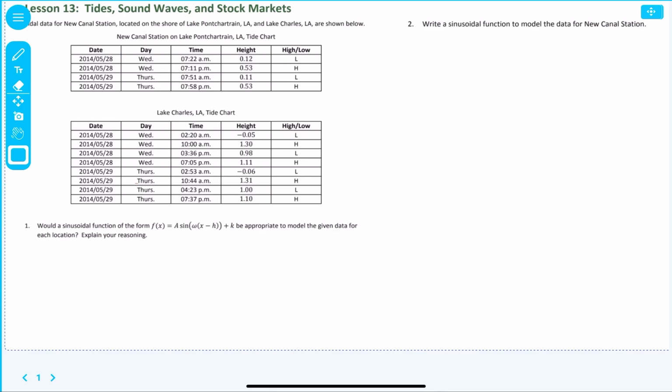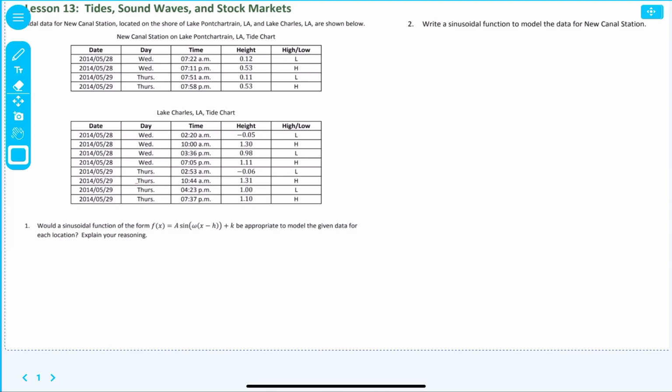Now, if we look at this, would it be a sinusoidal function? How can you look at this table and tell if it's a sinusoidal function? Each location, yeah. What do you mean the dates repeat?